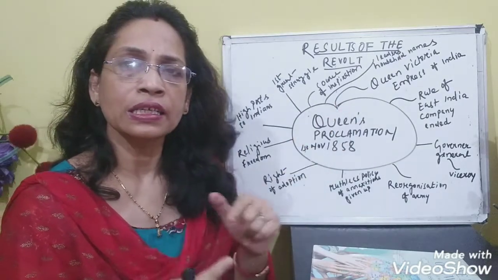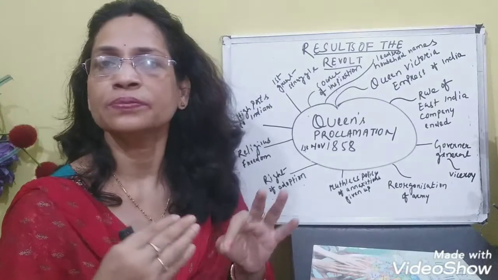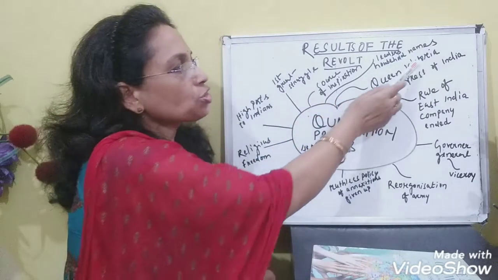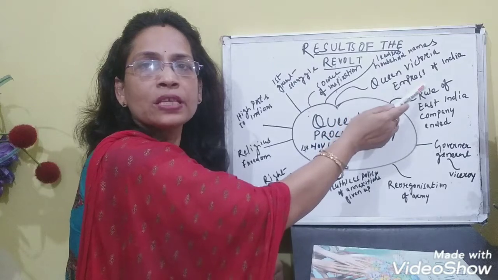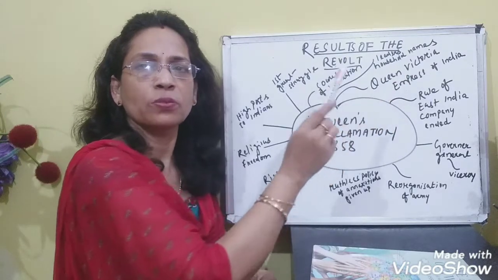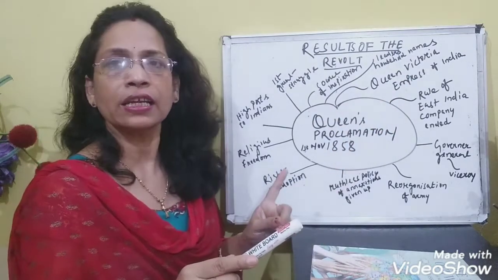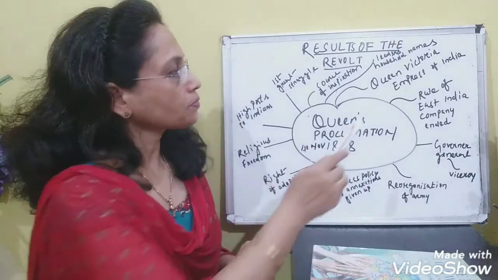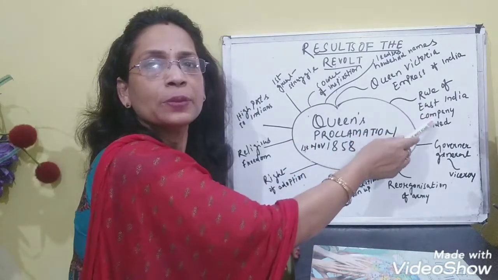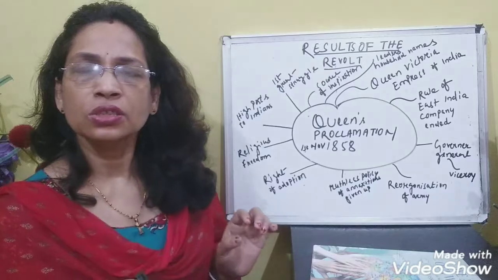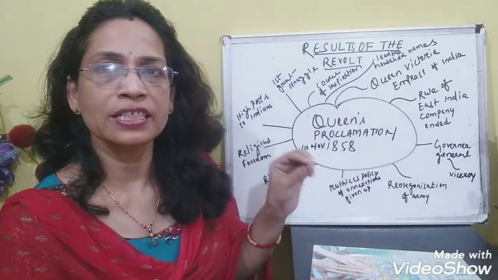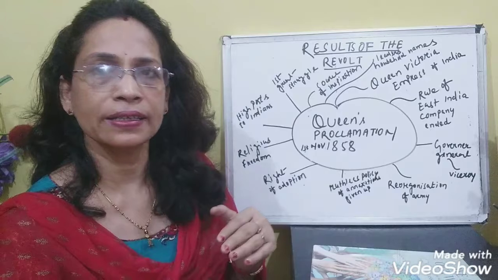It means the British government took the power into its own hand, and Queen Victoria was declared as the Empress of India. It means the total control of India was now directly under the Queen of England. The rule of East India Company ended. So the East India Company, which started ruling over India in 1757, that ended.